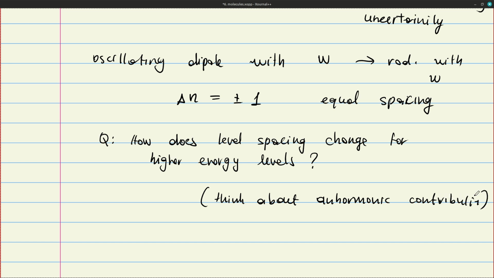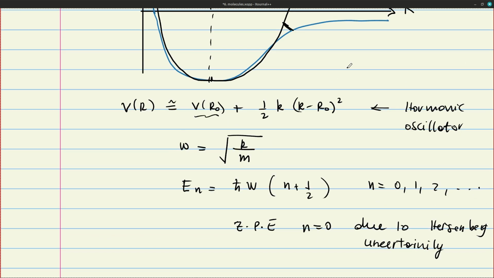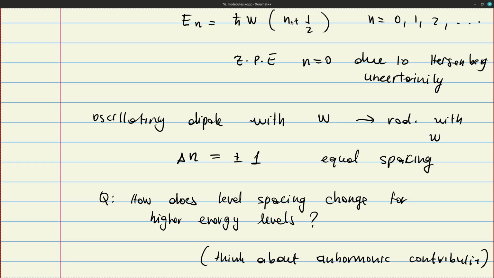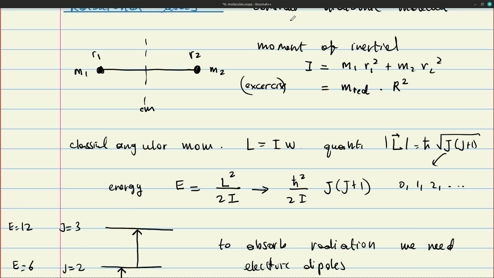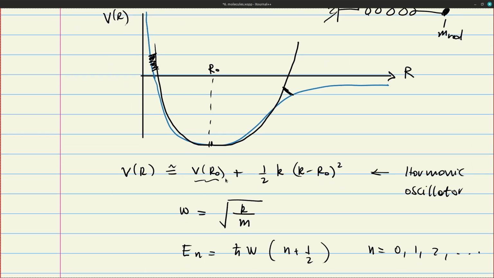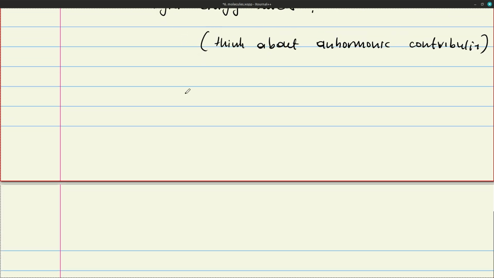I mean, this is sounding fancy, but you just consider the fact that there's a difference as you go to higher energies. So the energy scale for vibrations is what we said here. So we outlined there's electronic first, and then vibrational, which is about 0.1 eV, and there are rotational modes, right? So we have these vibrational modes. Maybe I can do it like this.